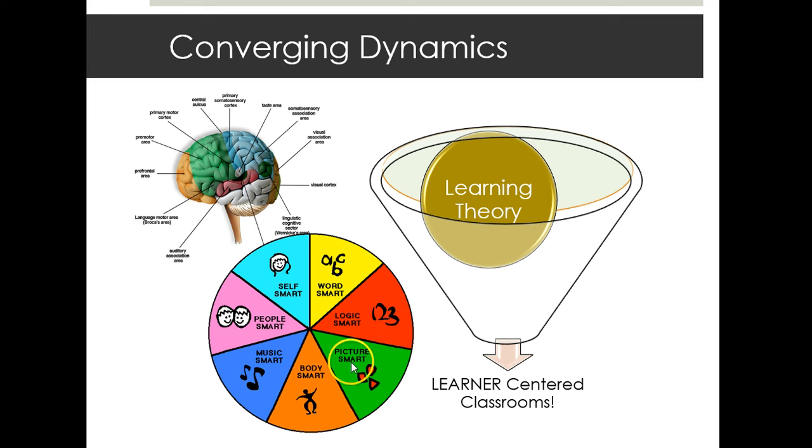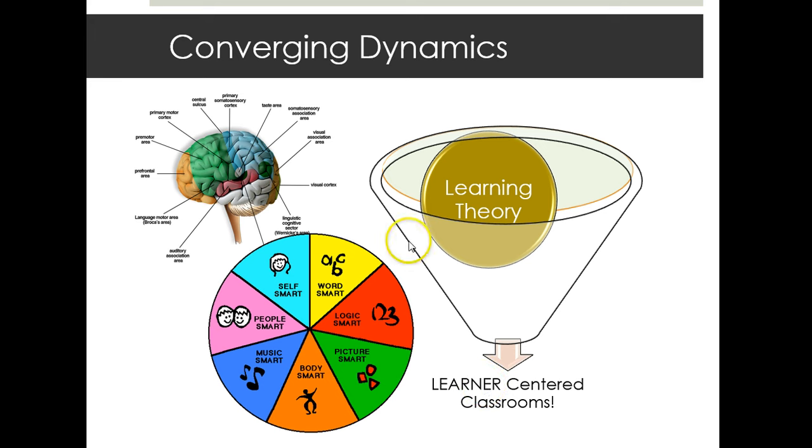And some people are more picture smart or logic smart or word smart or music smart. It's kind of taking the multiple intelligences, learning theories, Dale's cone theory of learning, all together and saying you have all these different types of kids that are smart in certain areas and maybe not as strong as in others. And you're putting it into your classroom.